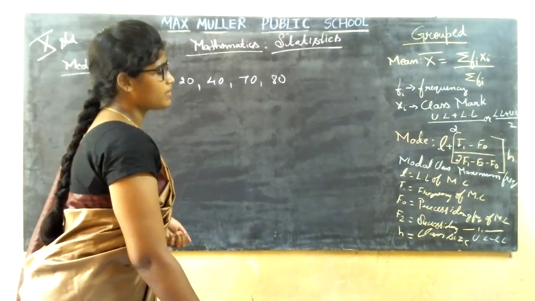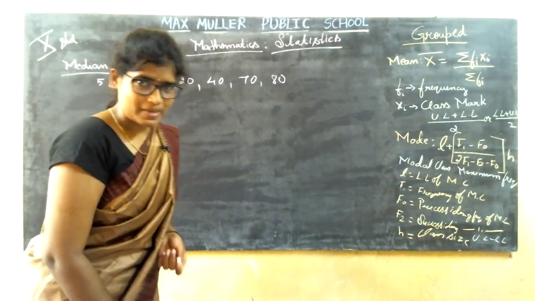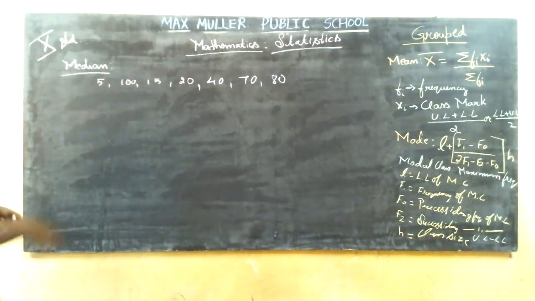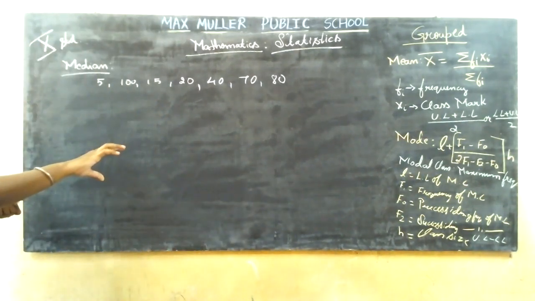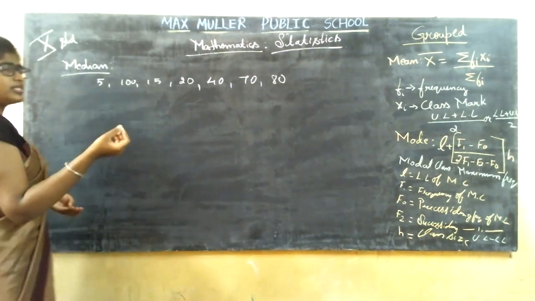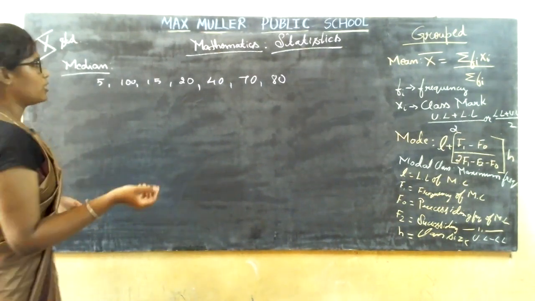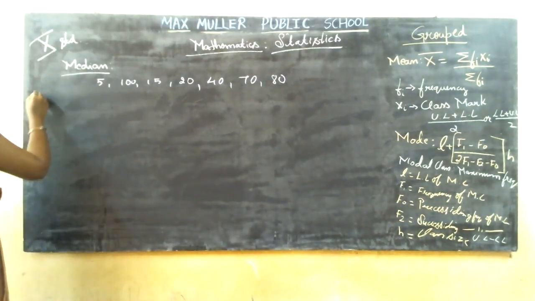Now, what is the first thing you need to do for an ungrouped data when you need to find the median? You are going to arrange the given ungrouped data in ascending order, correct? Ascending order means smaller to bigger.